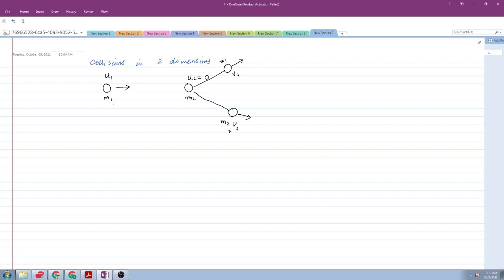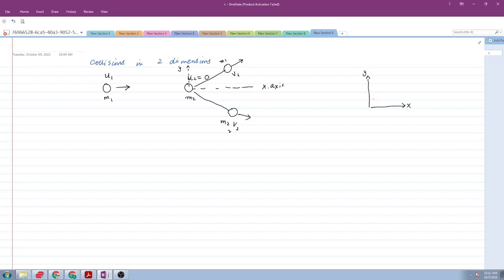So this is our incident ball, and after collision this is our incident ball, and this one is our target ball after collision. As we know, this is 2D, two dimensions, this is y and this is our x-axis. Now suppose any vector is between x and y, how are we going to simplify that?